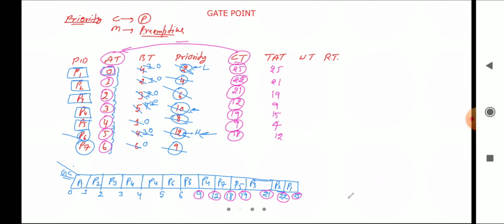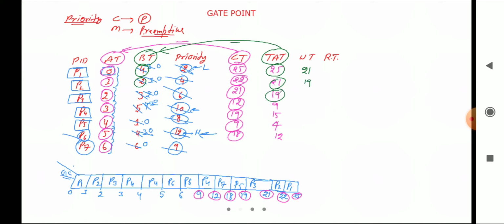Now we'll look at the waiting time. So what is waiting time? It is turnaround time minus burst time. So turnaround time is 25. 25 minus burst time 4 is 21. Next is 21 minus 2, which is 19.